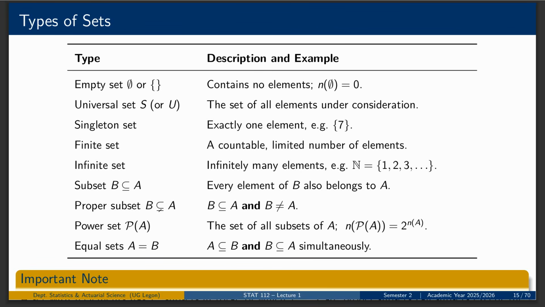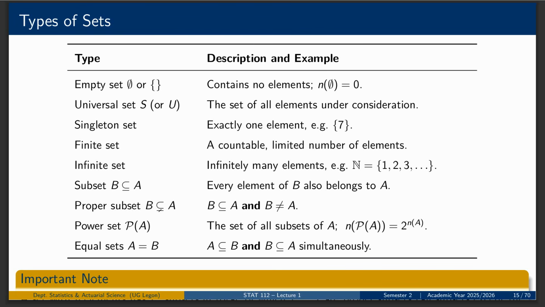The singleton set always contains only one element. Then the finite set is countable, they are limited. Infinite, we are counting up to infinity, for example, the set of natural numbers.